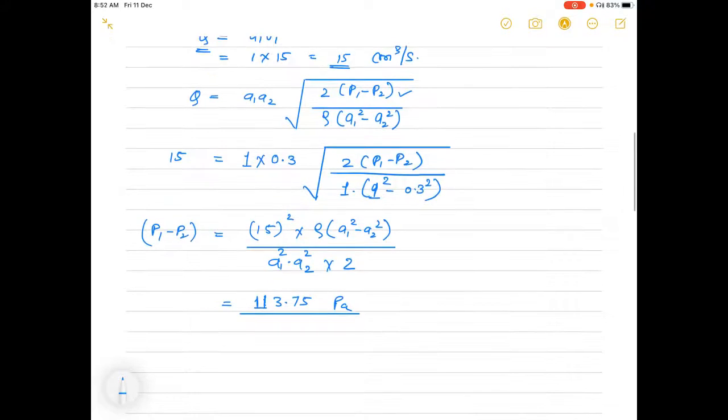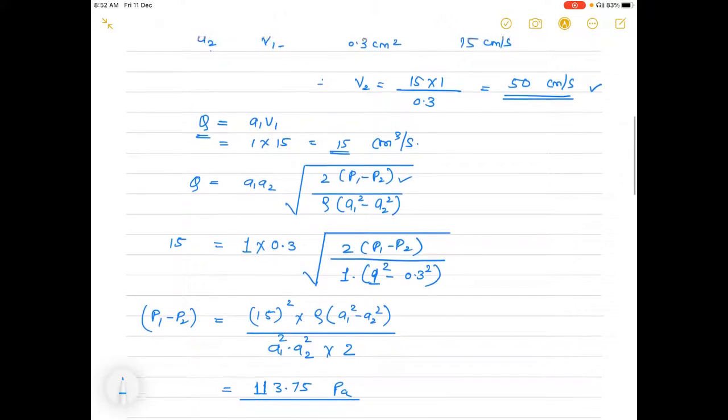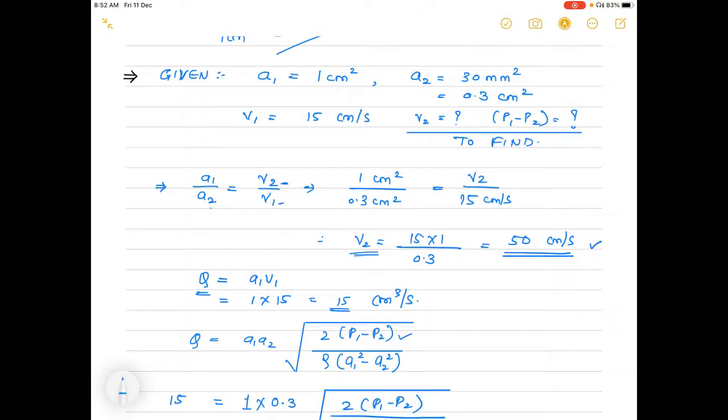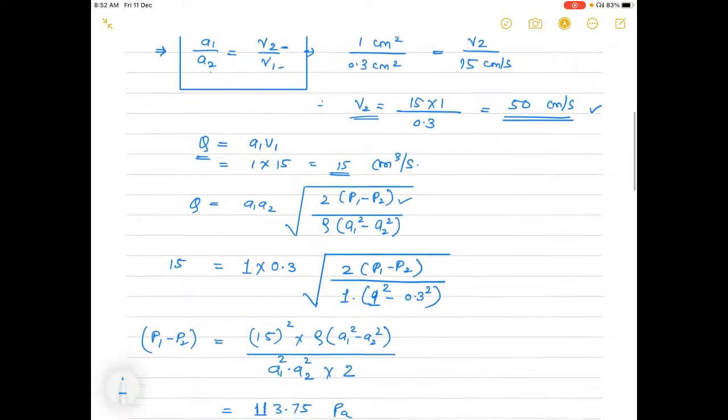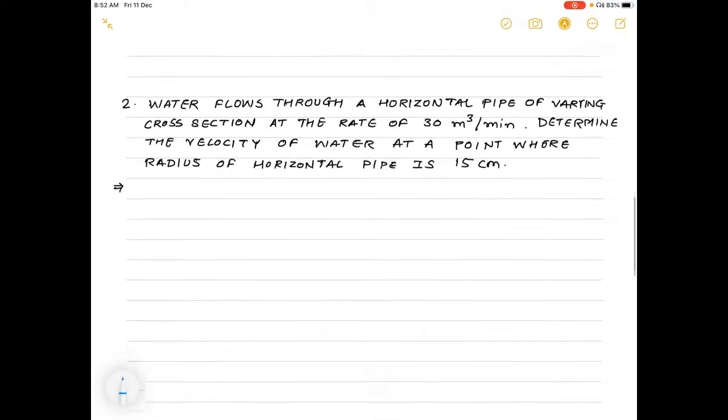What we have to do is substitute all the terms: 15 square into rho, that is 1, into (A1 square minus A2 square) divided by A1 square into A2 square into 2. In this way we have to solve this question. First we find velocity V2 using the relation A1 by A2 is equal to V2 by V1. Then by using the equation of Q, we can find the pressure difference P1 minus P2. Now we'll move towards the second question.